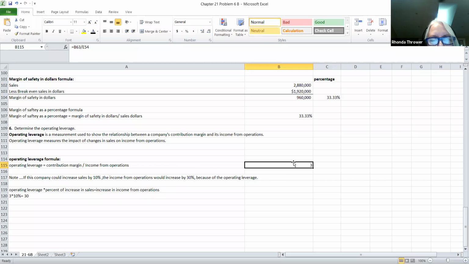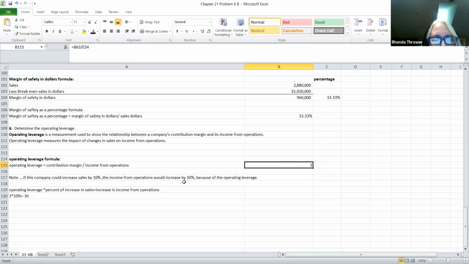So I put this note to kind of prove this. If the company could increase their sales by 10%, this is what if analysis. What if we could increase our sales by 10%? What would it do to the income from operations? If we knew our operating leverage, we would multiply the operating leverage times the percent of increase in sales. And that would give us the percent of increase in our income from operations.